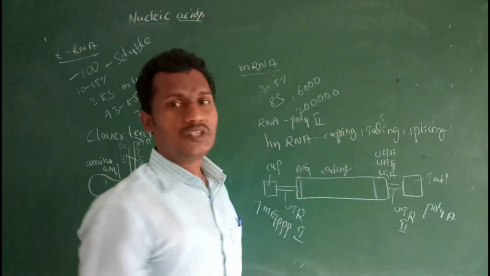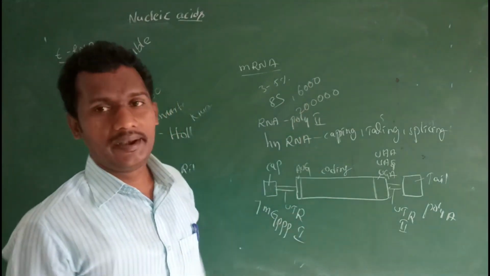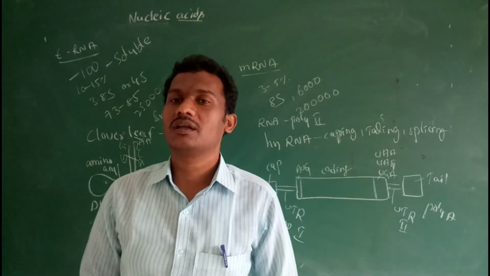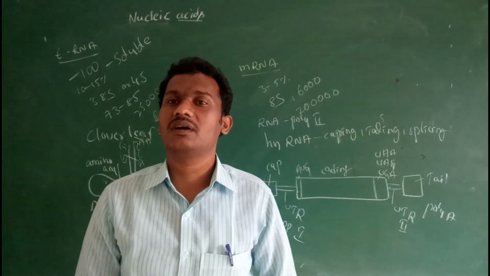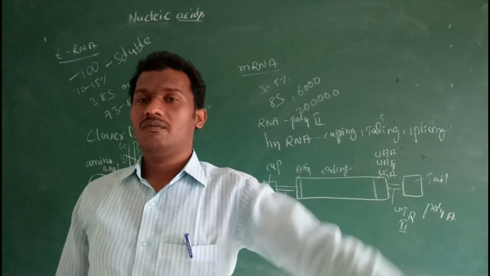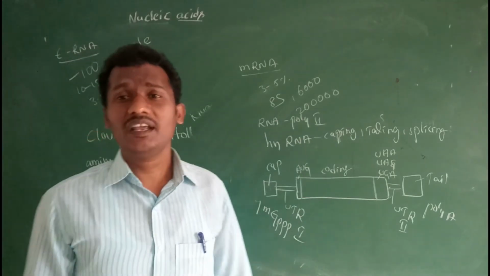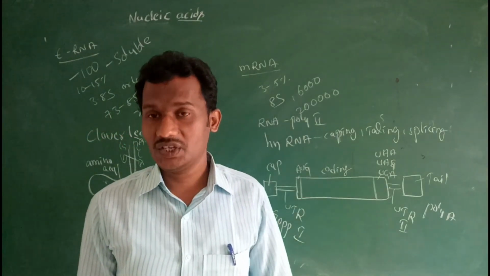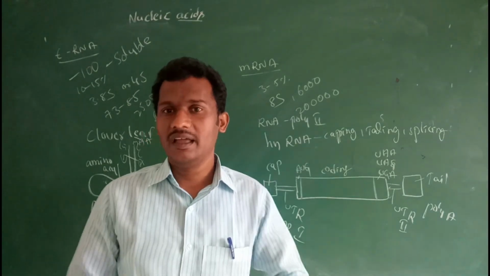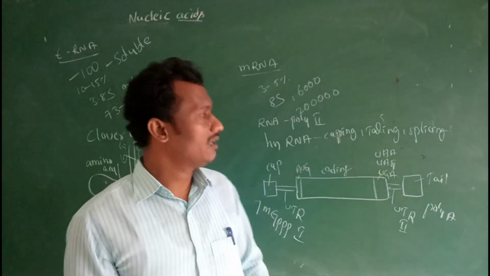This is known as mature mRNA. mRNA brings all the instructions from DNA for the polymerization of a particular polypeptide, that means the formation of proteins. The lifetime of mRNA is very short: a few seconds to a few hours in lower organisms, and it may be several days in higher organisms.